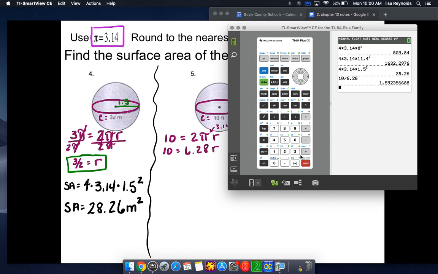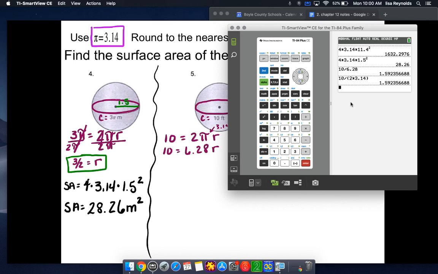Now, if you leave it as 2 pi, you have to do 10 divided by parentheses 2 times the value of pi. If you don't put that in parentheses, it would just do 10 divided by 2, and then that answer divided by 3.14. So make sure it's 10 divided by the entire multiplication, not just the first part.